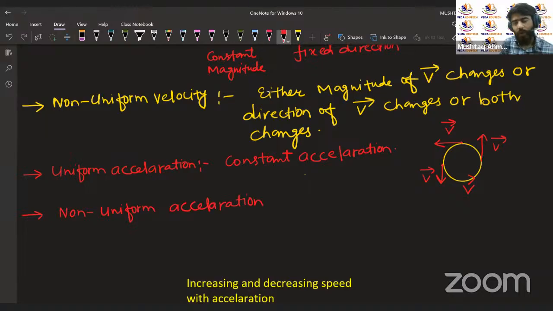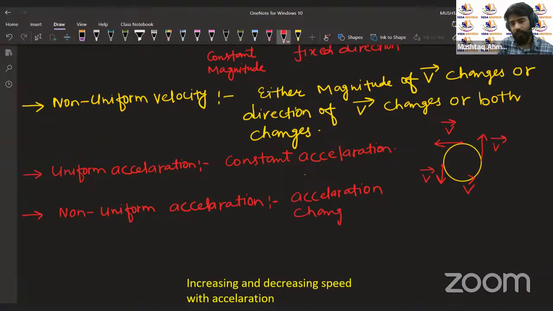In case of uniform acceleration or non-uniform acceleration, it won't be the case of uniform velocity, because we know when there is acceleration, velocity is going to change, right? If velocity changes, we can say that it's a case of non-uniform velocity. So non-uniform acceleration means acceleration changes.